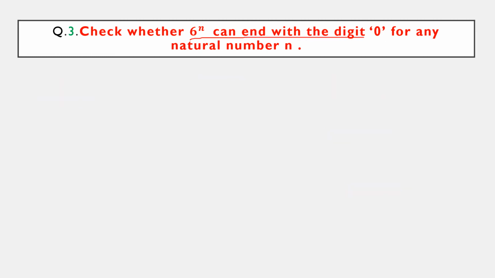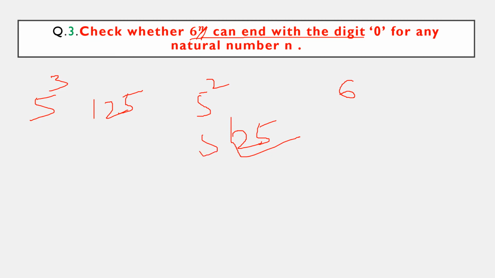So for 6 power n, before going to this, we'll do the prime factorization of 6 first. See, simple. Suppose I wrote 5 square, means 25. Okay, 5 power 3, 125. If you do 5 square, you will get 5 5s and 5 1s, right?